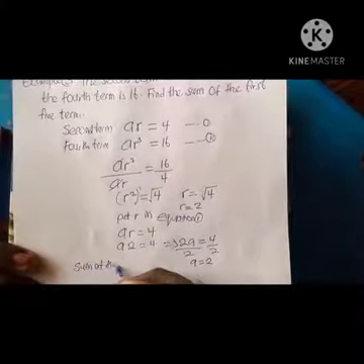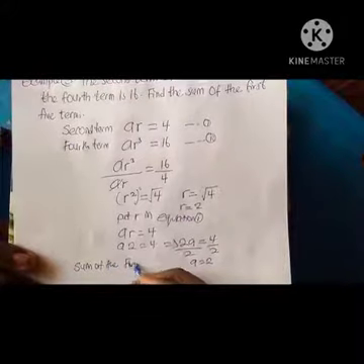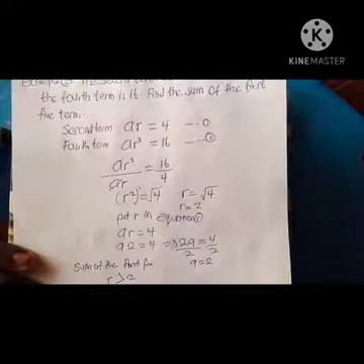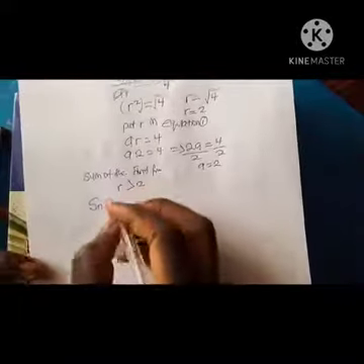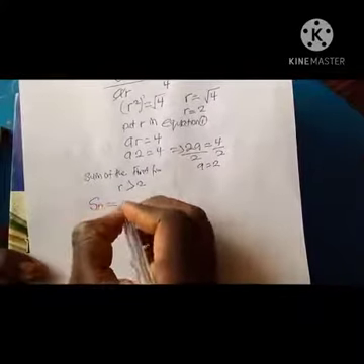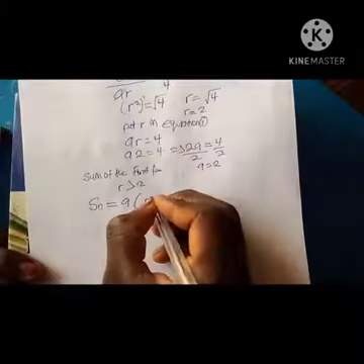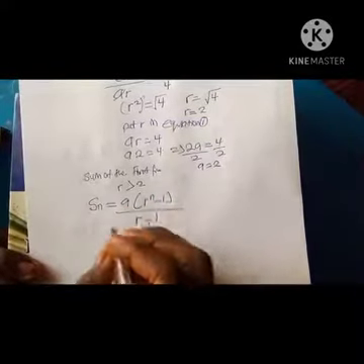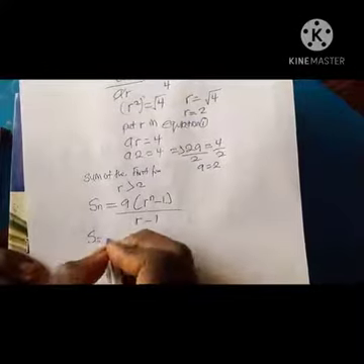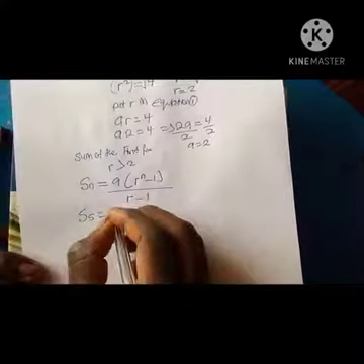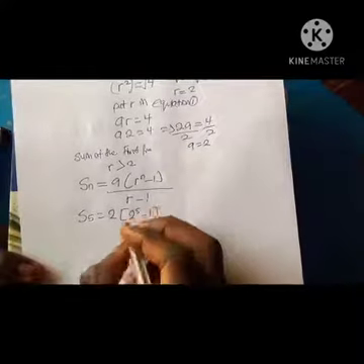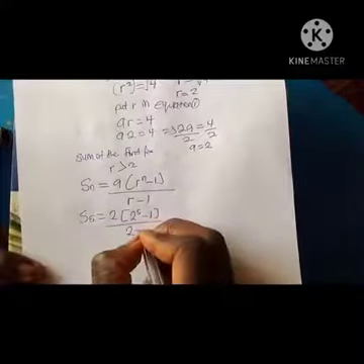And now we are going to find the sum of the first 5 terms. Our r is greater than 1, so we are going to use the formula for r greater than 1. Sn is equal to a into bracket r raised to the power of n minus 1, divided by r minus 1. So we have S5 is equal to our a, which is 2, into bracket 2 raised to the power of 5 minus 1, then 2 minus 1.